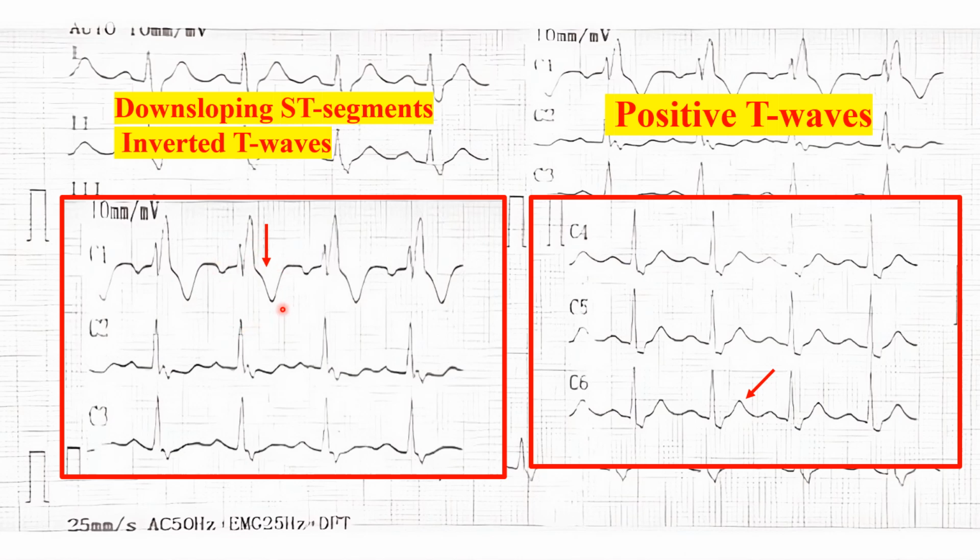There we can see a downsloping ST segment and inverted T waves in these leads, and in the lateral leads we can see positive T waves, because this is opposite to the depolarization. So these are again some of the common findings which we need to look for whenever encountering a right bundle branch block.